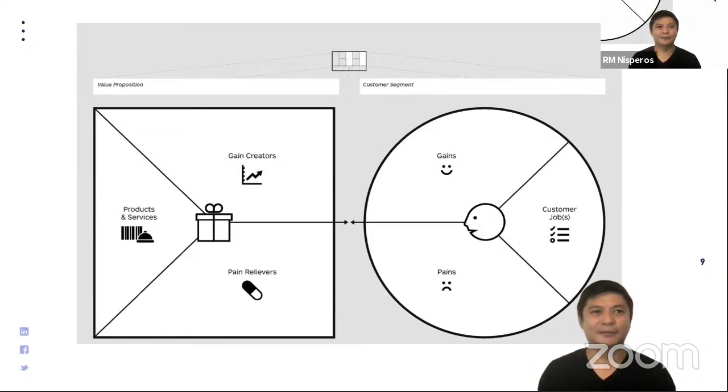Kunyari, may Velcro, sample. Velcro as pain reliever. Sa gain creators, you identify that your customers or the first-time mom would want a glow in the dark diaper. So the gain creator, you may want to pursue a glow in the dark color or a feature.